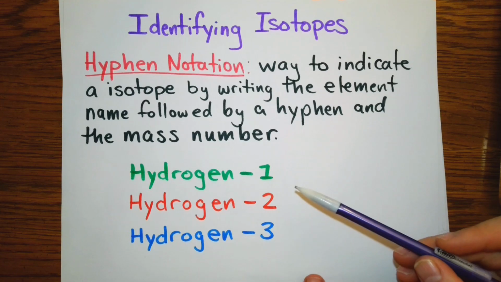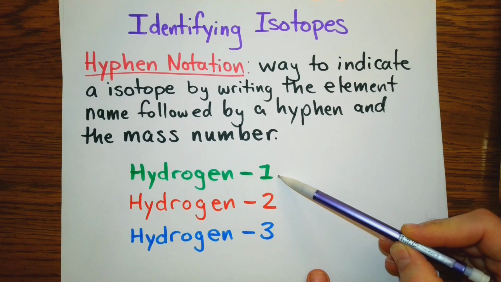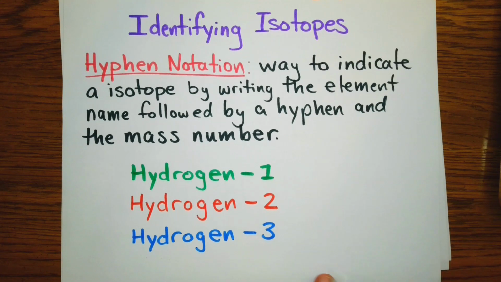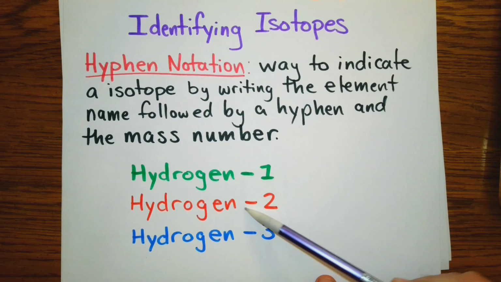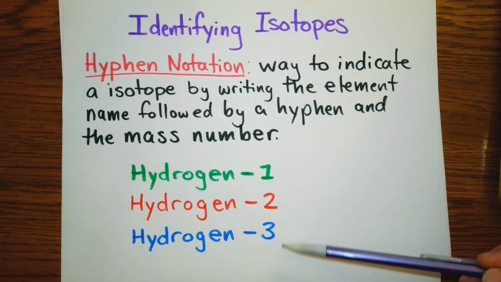So that protium that we saw on the previous page, hydrogen-1. That's how you'd read it. Hydrogen 2, well, you would write it as hydrogen-2. Hydrogen 3, or tritium, would be hydrogen-3. So it's much easier to identify them this way.